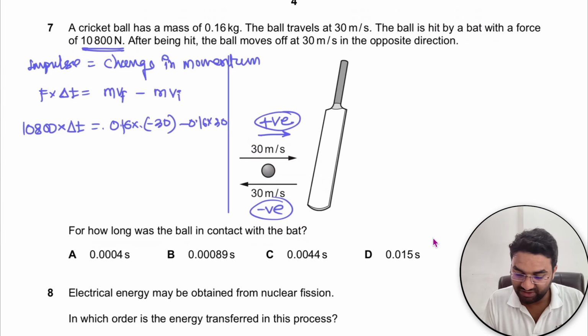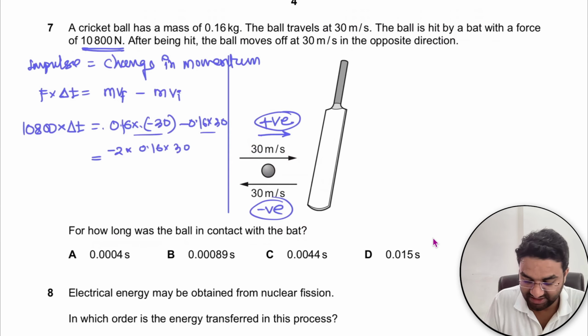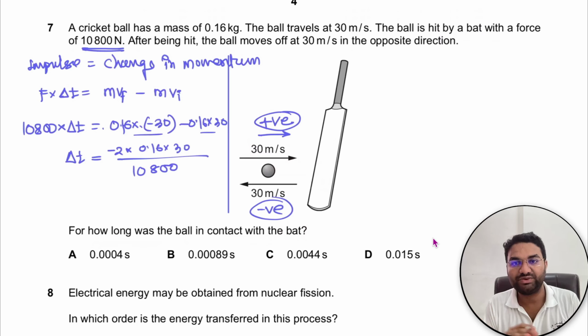You can straight away write 2 times negative 0.16 times 30, because the values are the same, divided by 10800. That is the time we will get.